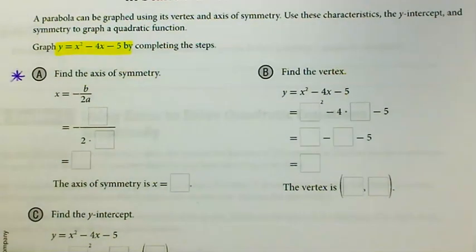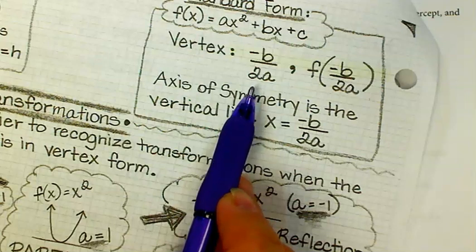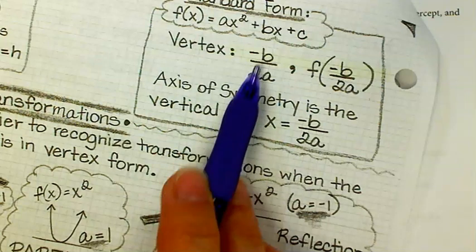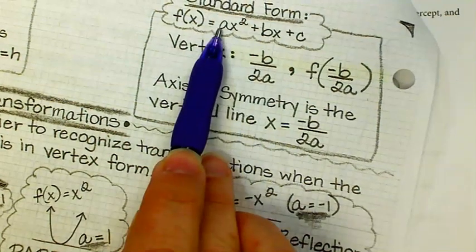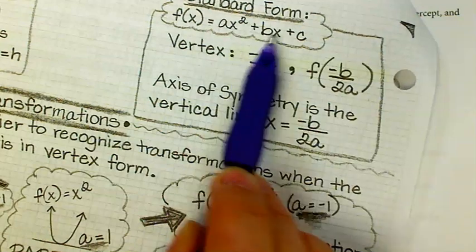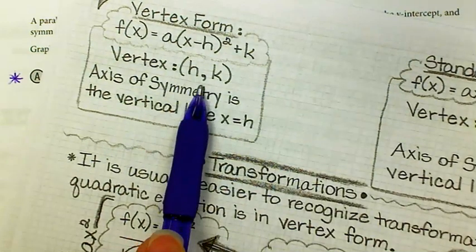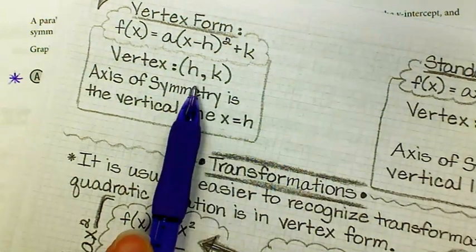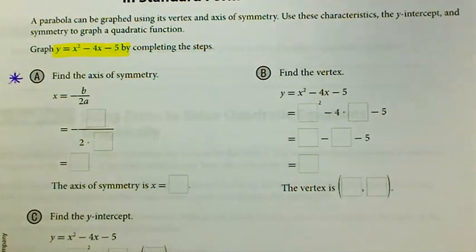When it is in standard form, this is the vertex: you take the negative b and divide it by 2a. Remember, a is the number in front of the x squared, b is the number in front of the x, and c is just the number with no variable at all. Remember, in vertex form, you know immediately what the axis of symmetry and the vertex are. In standard form, you have to do a little bit of calculating, but it's not difficult.